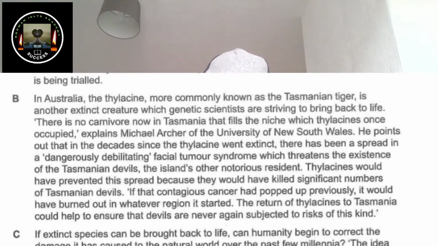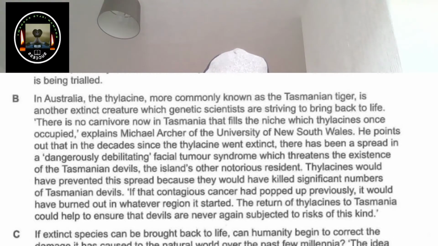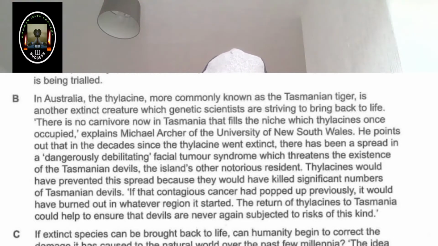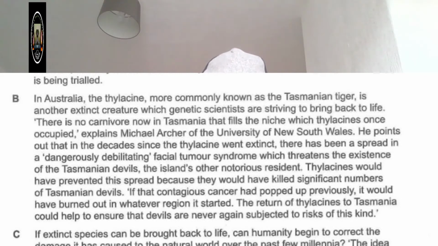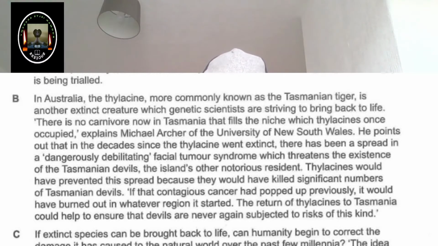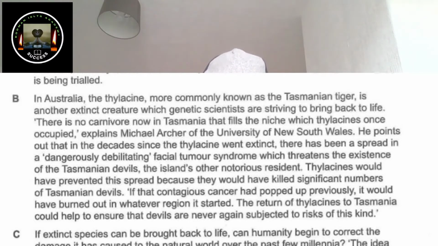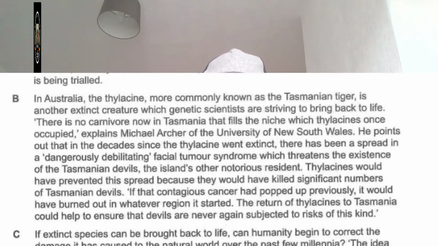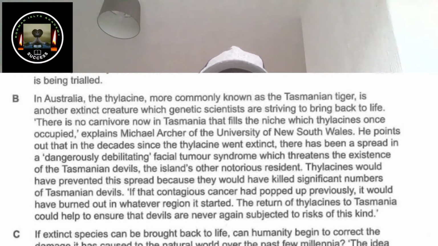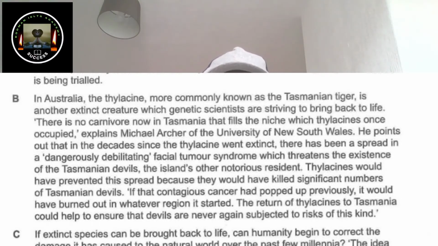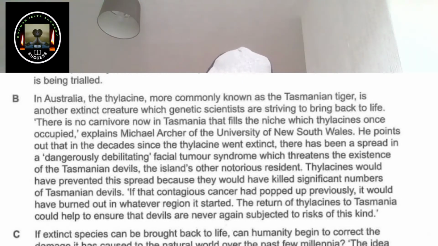They say, he pointed out that in the decades since the thylacine went extinct, there has been a spread in a dangerously debilitating facial tumor syndrome, which threatens the existence of the Tasmanian devils, the island's other notorious residents. So, other residents of that place have been suffering because that particular animal went extinct.